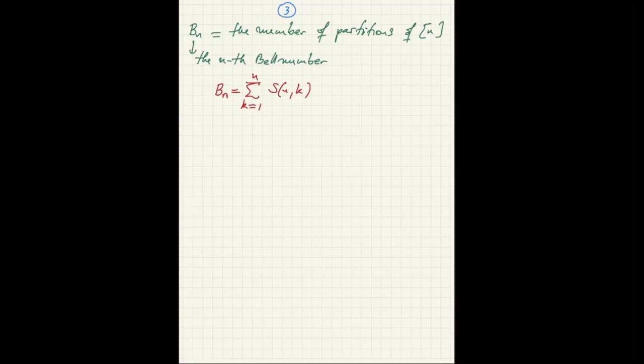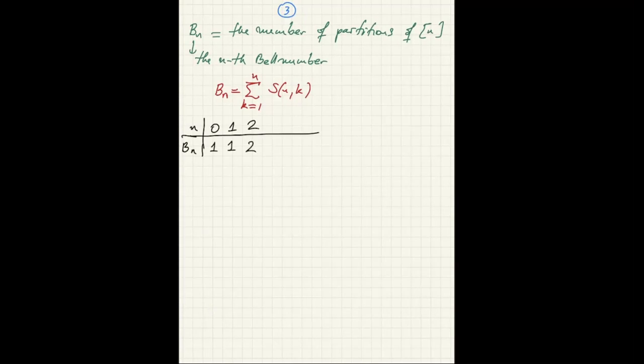Now let's calculate the parameter Bn for some small values of n. So n here and Bn here. When n is 0, it's just the empty set, so B0 equals 1. Now, if you have a set with one element, there's only one partition of it, so 1. If you have a set with two elements, there are two partitions, one in the singletons and one the set itself.